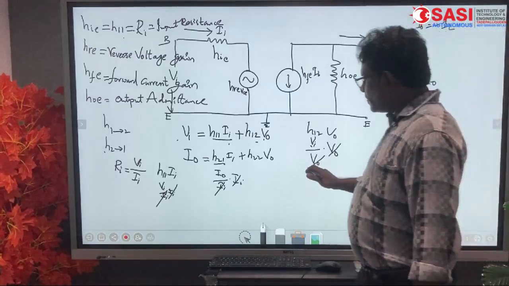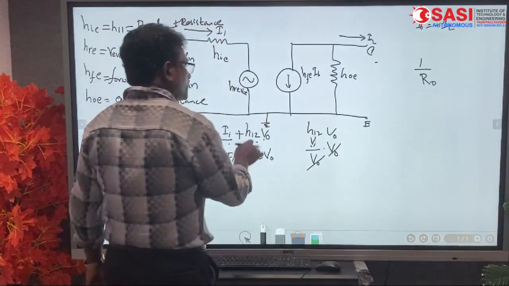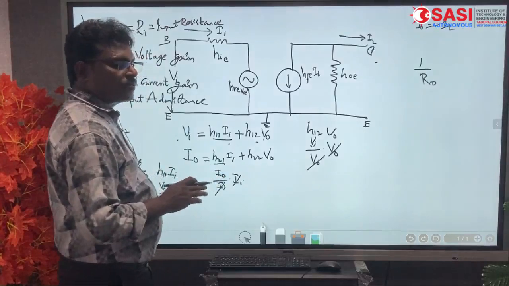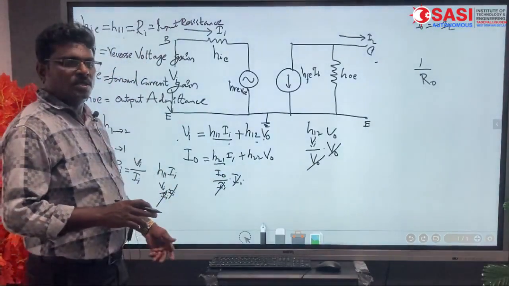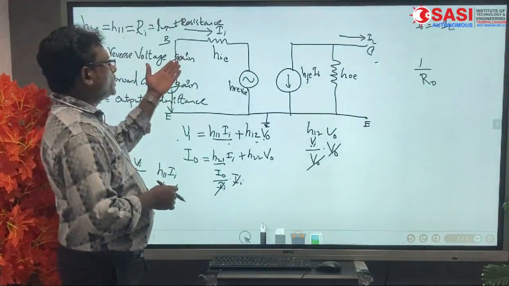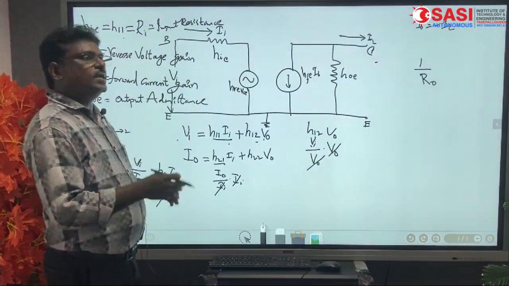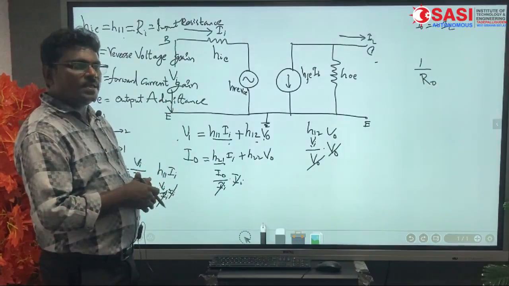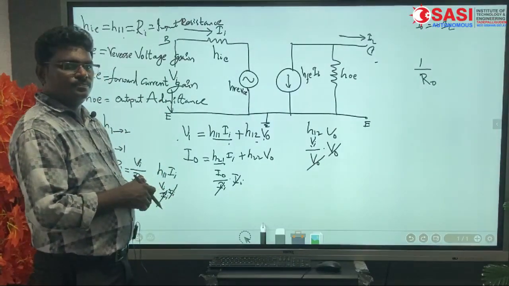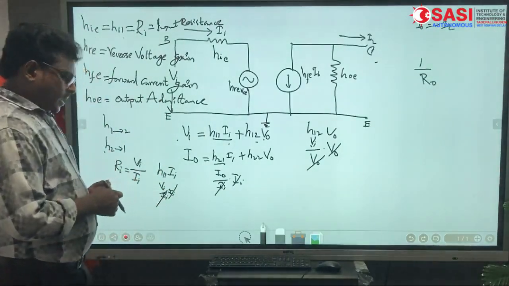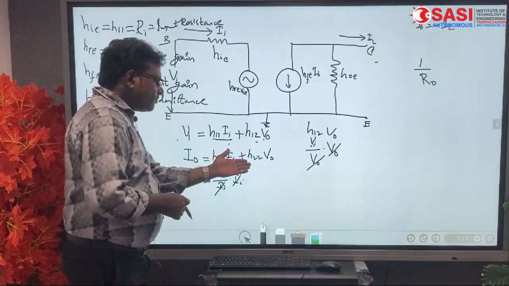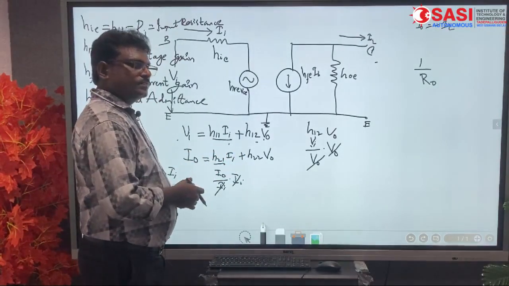So here the parameter H22 in itself. Resistances are not transferred from one port to another port. These are individual parameters. H11 is the resistance at input, H22 is the resistance at output, but it is reciprocal, so it is called admittance. How can we identify H22 is the admittance?